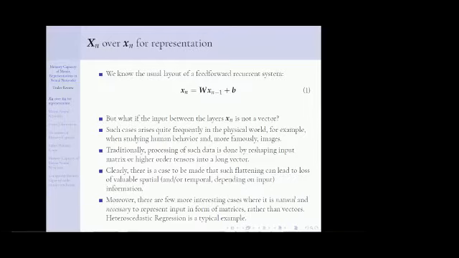And moreover, there are quite interesting cases arising in the literature in which it is much more natural and necessary to use inputs and representations in the form of matrices rather than vectors. One of them is heteroskedastic regression. It's a very typical example. In heteroskedastic regression, you are given a time series in which the underlying distribution has a variance which changes over time.